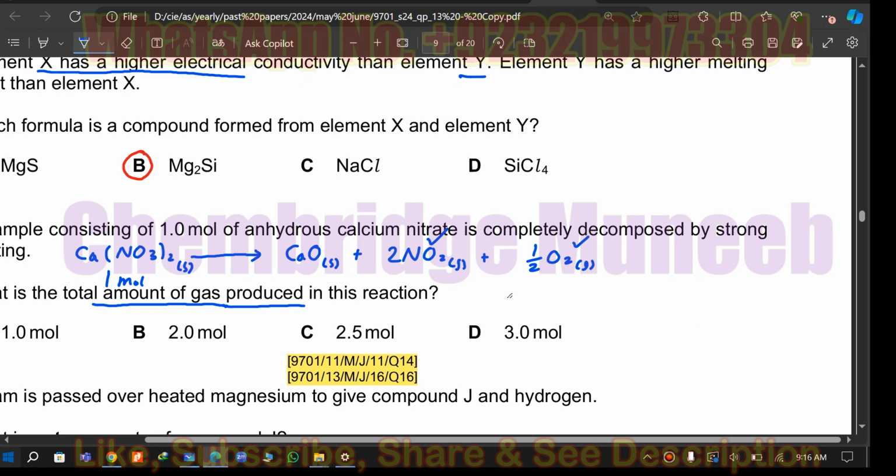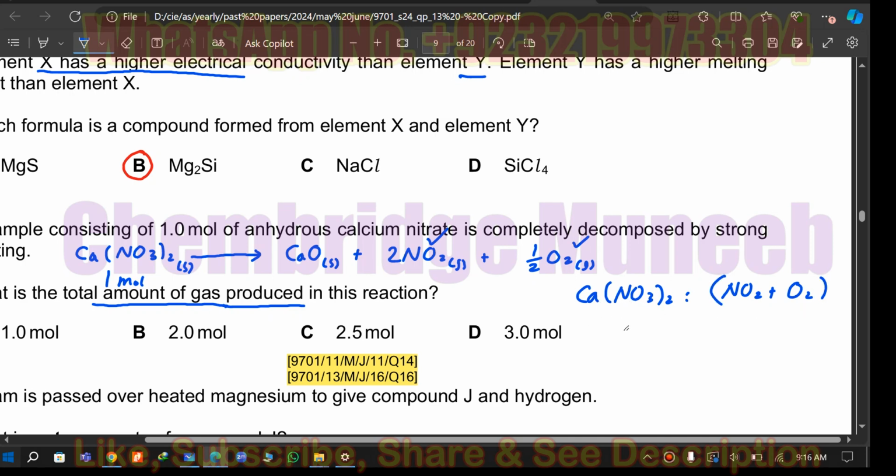So for this purpose we need to have their moles. That's what we have to find in this question. So I'm going to take the ratio of calcium nitrate to nitrogen dioxide plus oxygen gas.